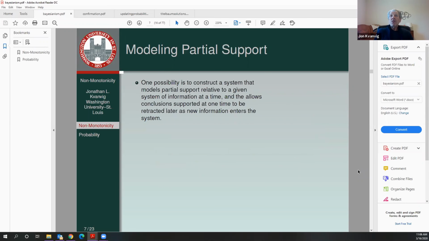So how are we supposed to model this notion of partial support? One possibility is to construct a system that models partial support relative to a given system of information at a time and allows conclusions supported at one time to be retracted later as new information enters the system.